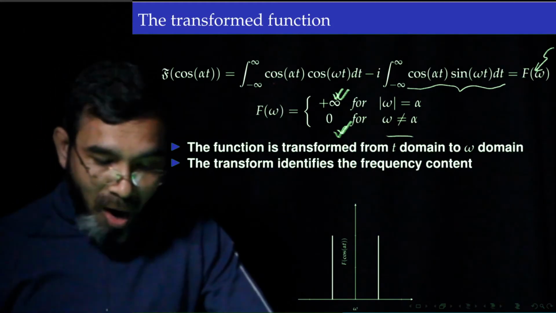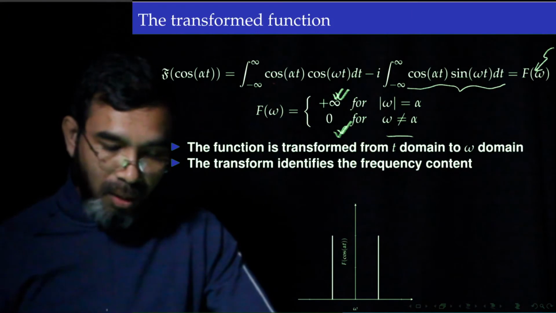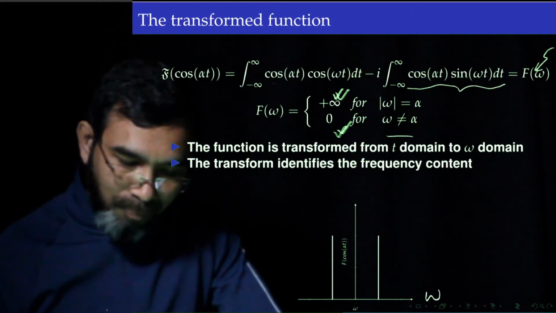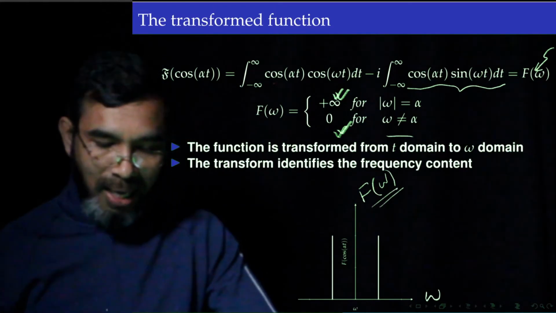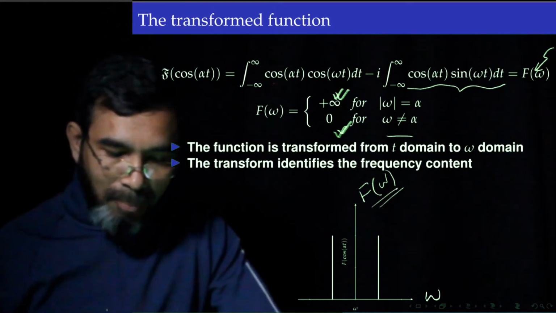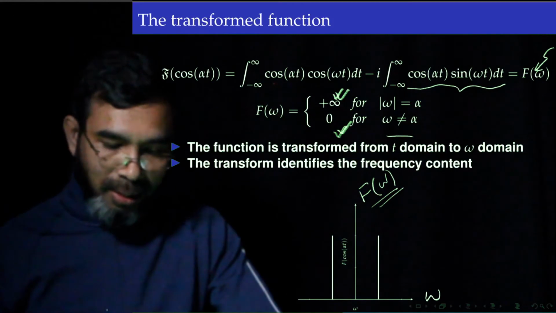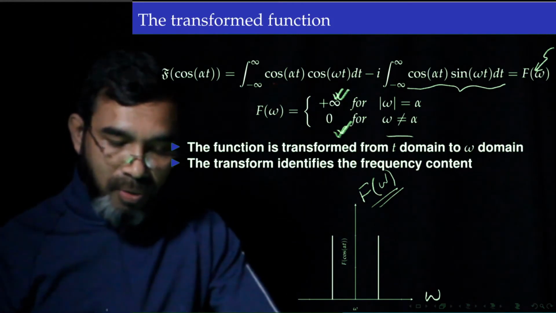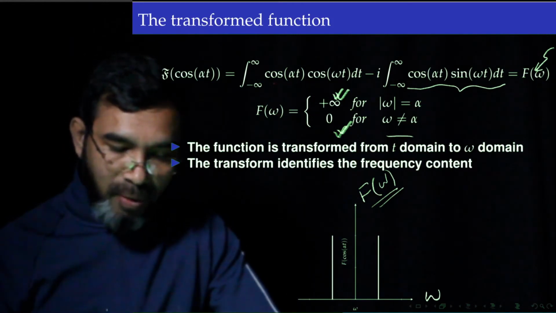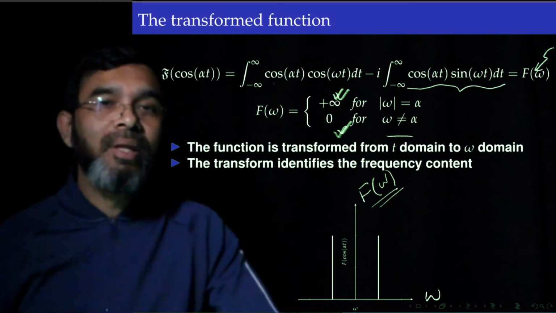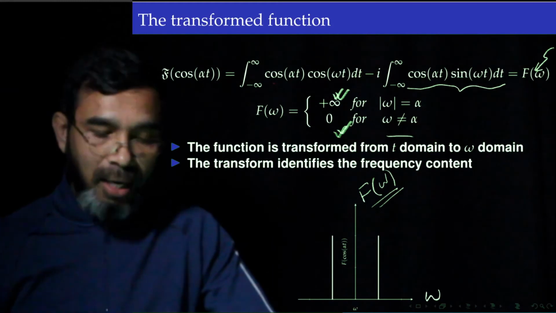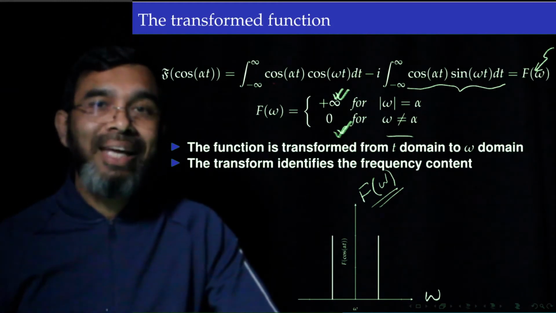If you plot omega against the function of omega, which is the transfer function, you see that for omega equals alpha, you will get a peak. Since this function is symmetric, when omega equals negative alpha, you will also get a peak there, because in that case the value is also infinity.